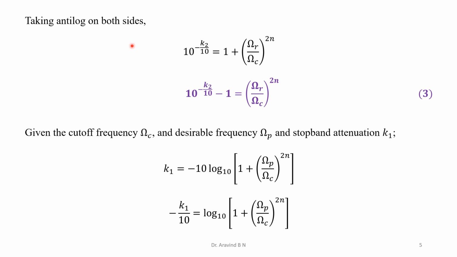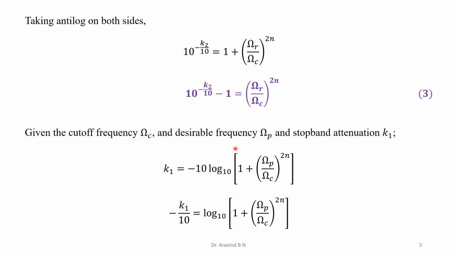Then apply antilog on both sides. We get 10 to the power of minus k2 by 10 is equal to 1 + (omega r/omega c)^(2n). Take the 1 to the left hand side. We get 10 to the power of minus k2 by 10, minus 1, is equal to (omega r/omega c)^(2n). Let us call this equation 3.